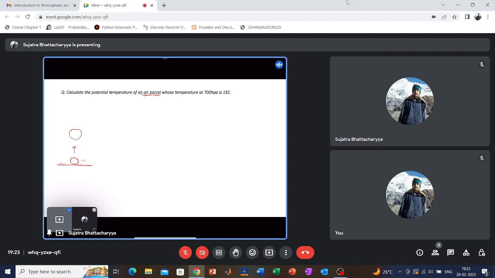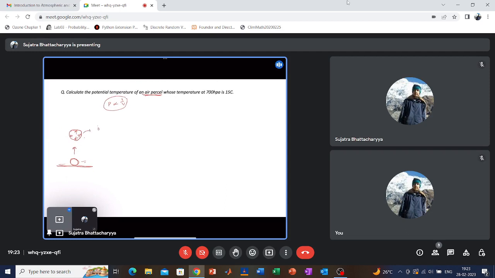If pressure outside should be equal to pressure inside, then as we know, P is inversely related to the volume in case of the ideal gas law. Although temperature is decreasing, still to have the same pressure as outside, it will increase its volume. How will it increase the volume?